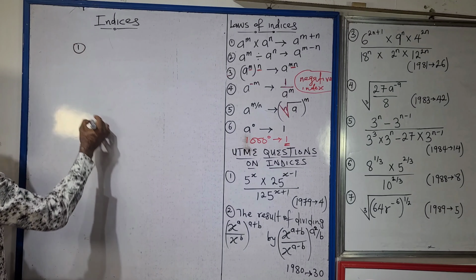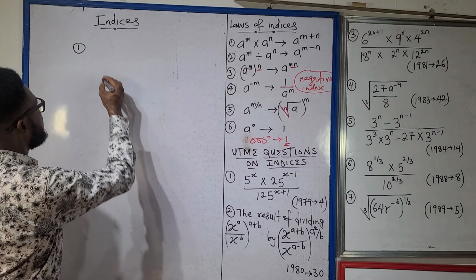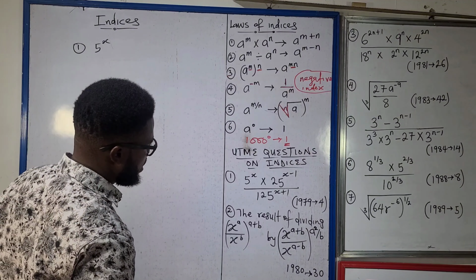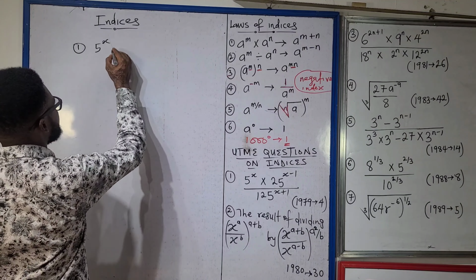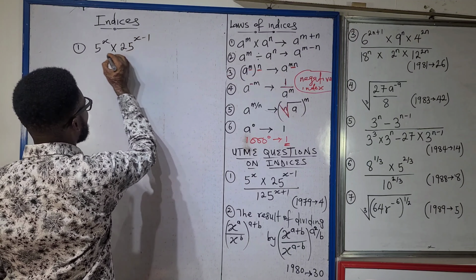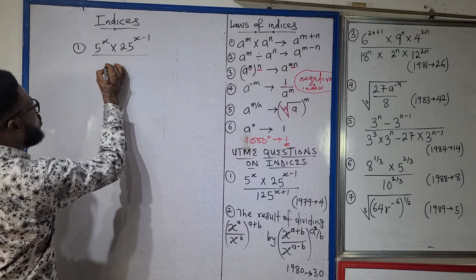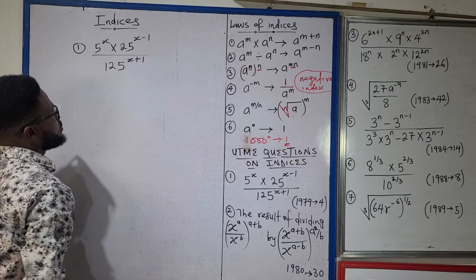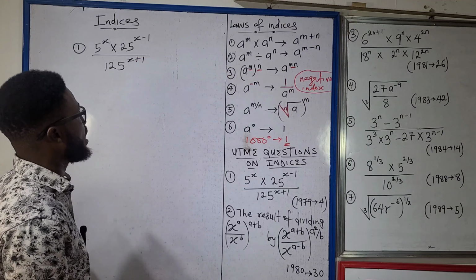The first question talks about 5 raised to the power of x times 25 raised to the power of x minus 1, all divided by 125 raised to the power x plus 1.